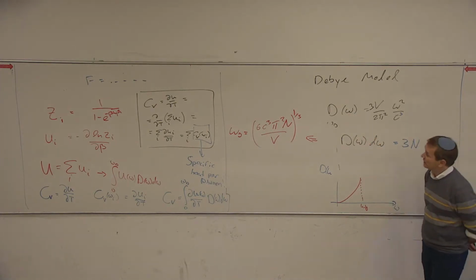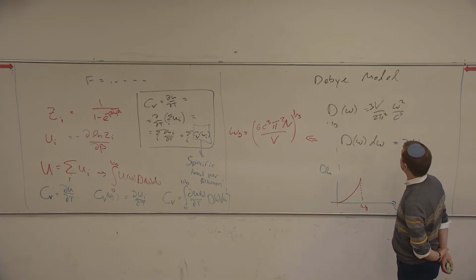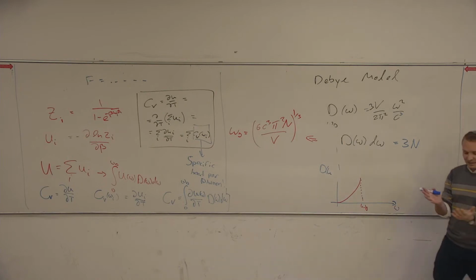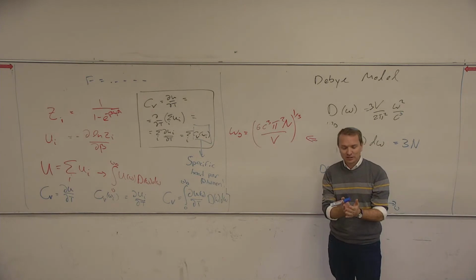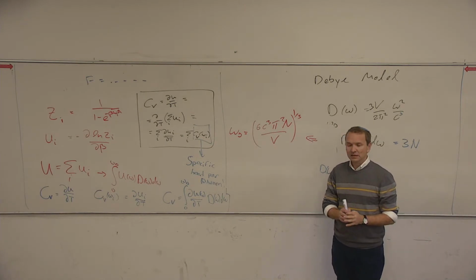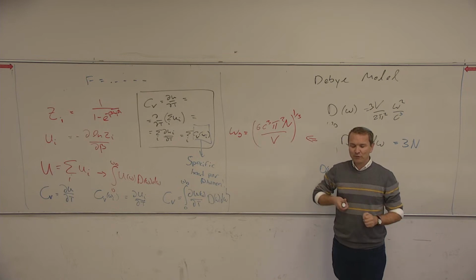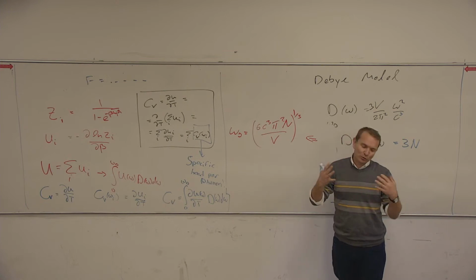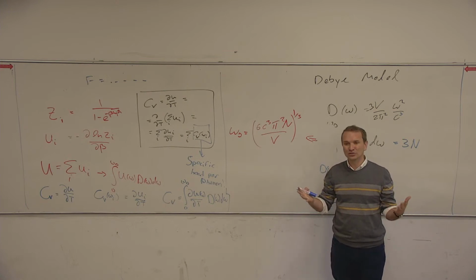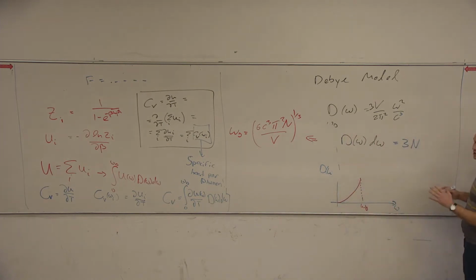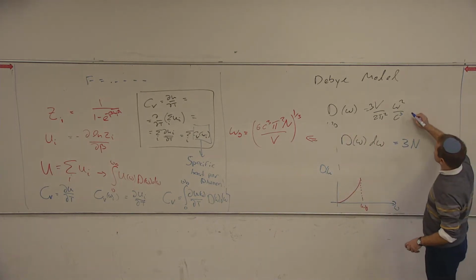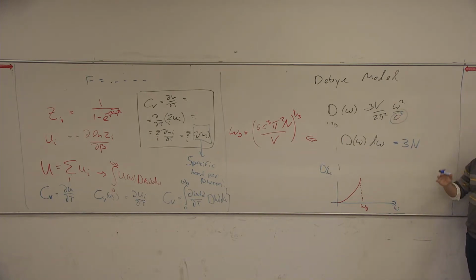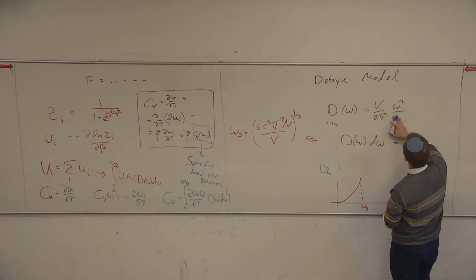Yes? The term of d omega and then the density, is it fit for all kinds of solids? Basically, well, not exactly. If you go backwards, you see that we have made some specific assumption. We have made the assumption that the wave speed is basically the same for longitudinal and transversal waves. But we know that there are solids for which this assumption does not hold. So what is going to change is this prefactor, 1 over c to the third, which is going to be modified for different solids.